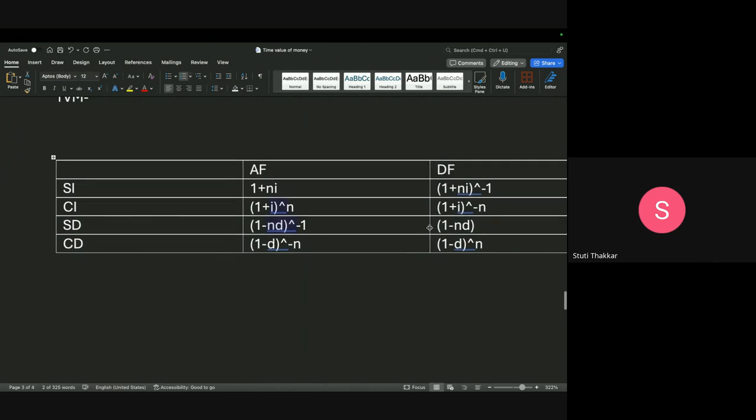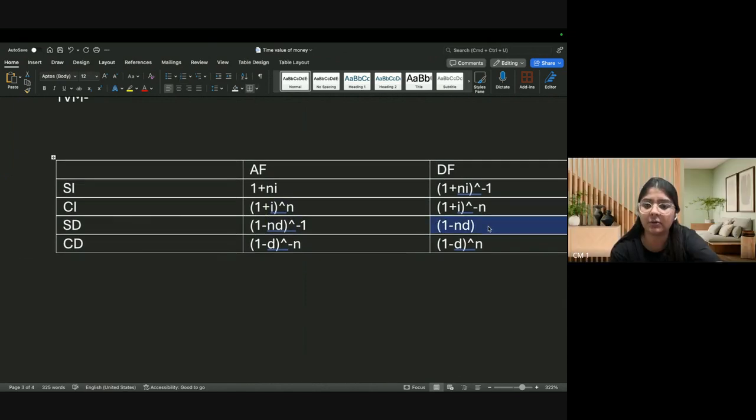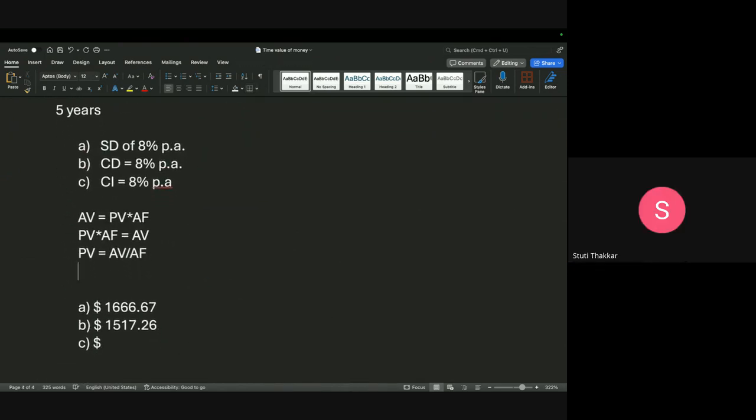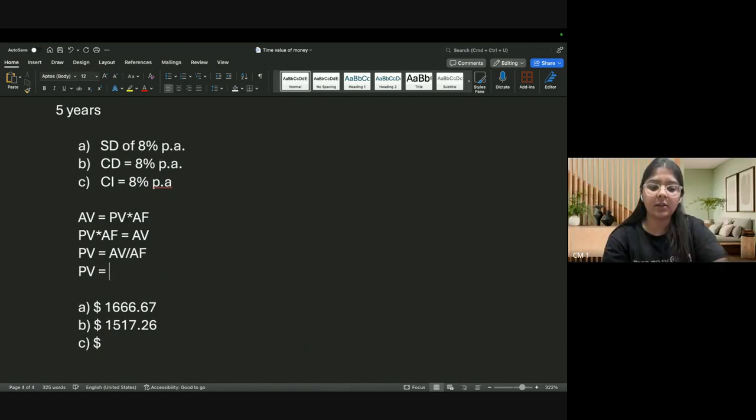This is simple discount. You are saying find AV, right? PV equals AV into 1 minus ND. You will have to take this to the other side and divide because you have to find out AV now.